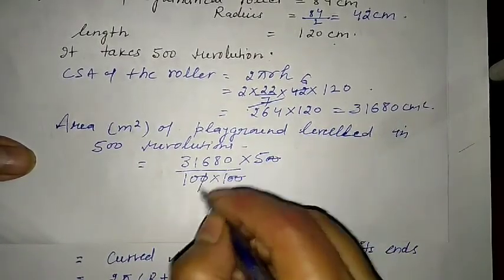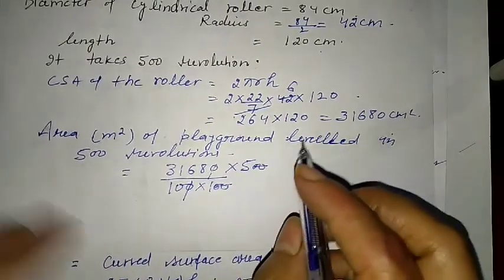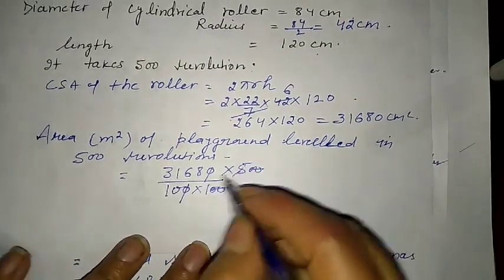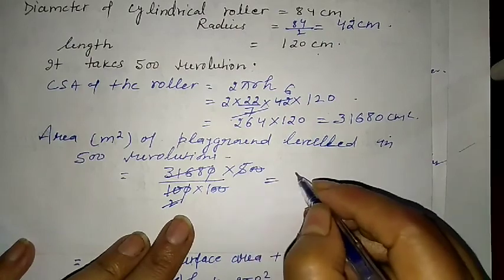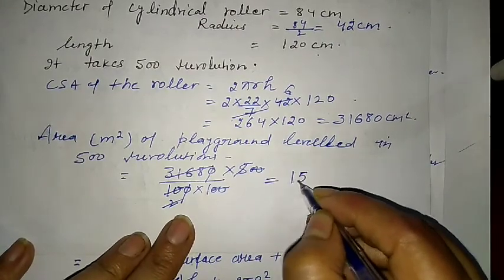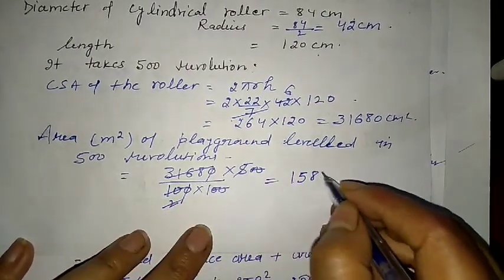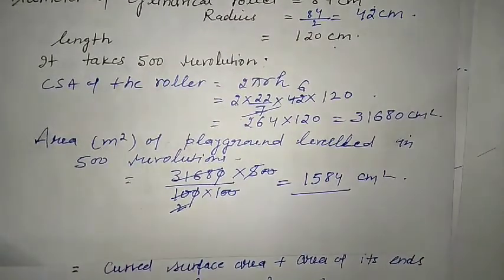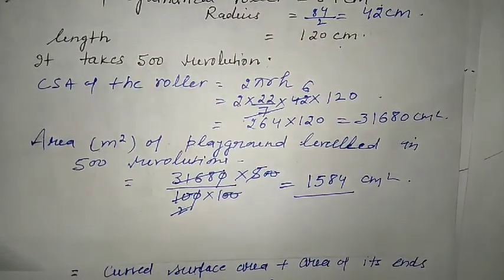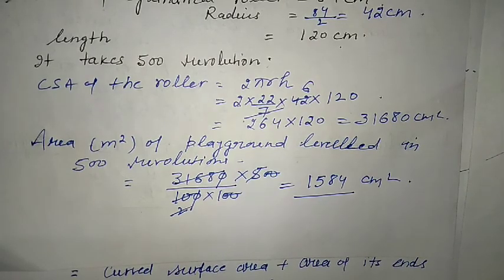Zeros can be cancelled, this 0 can be cancelled, and we are having here 5 2s are 10, and this can be written here as 1584. This much is the area of the playground in meter square.